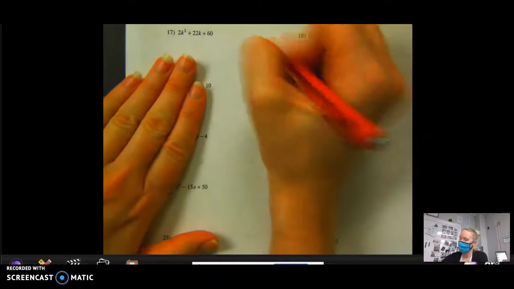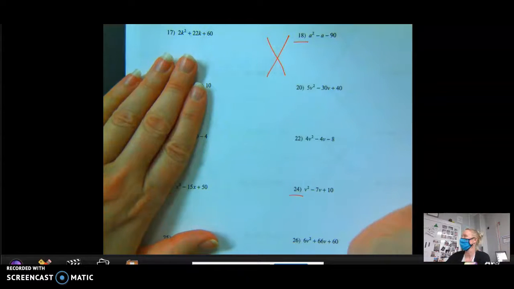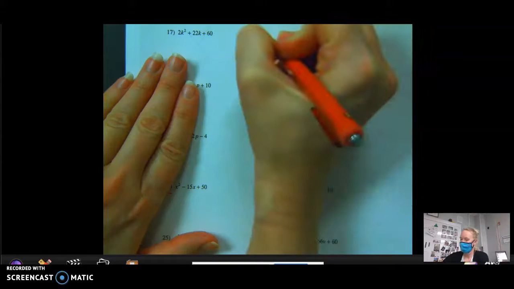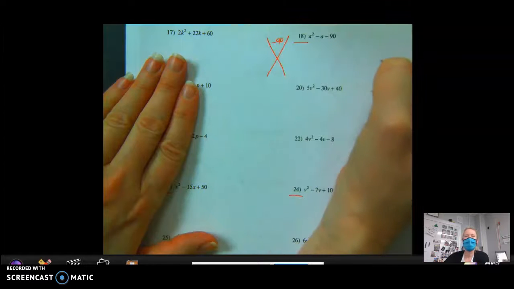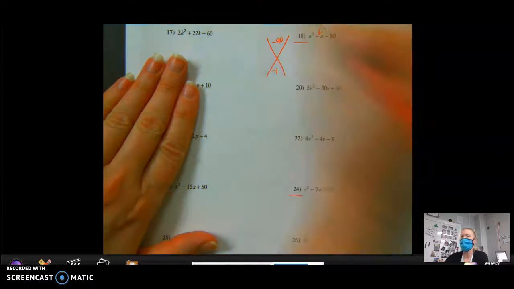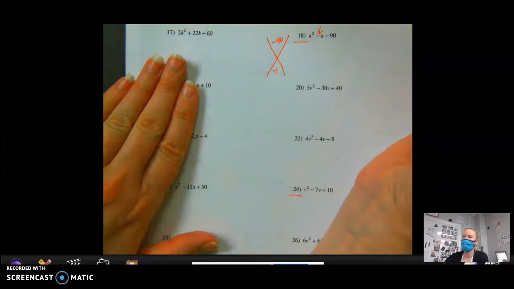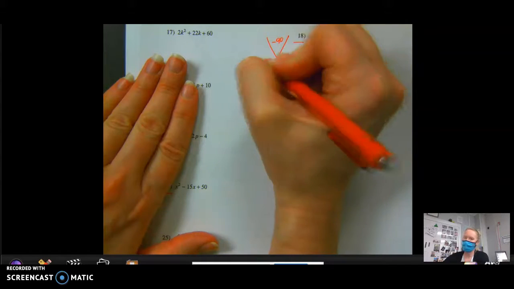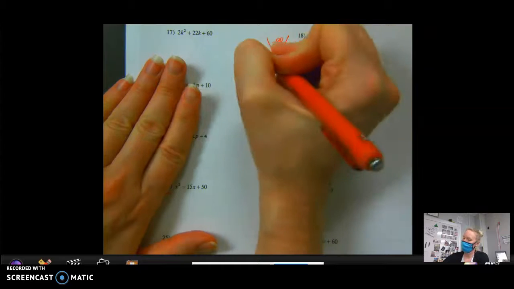Okay, on number 18, when I multiply, what do I want to get? -90. But when I add, what do I want? -1. So remember that invisible 1 that's right there? So what 2 numbers multiply to -90 but add to a -1? Good.